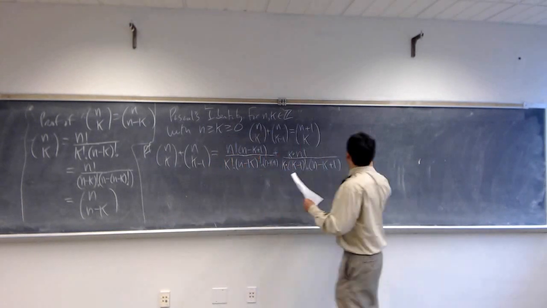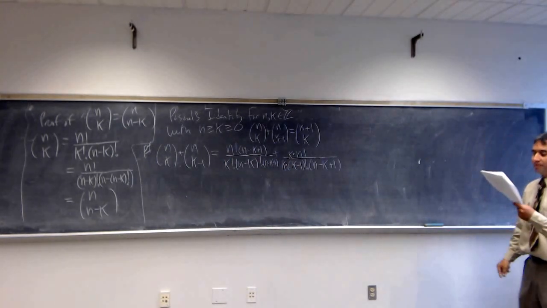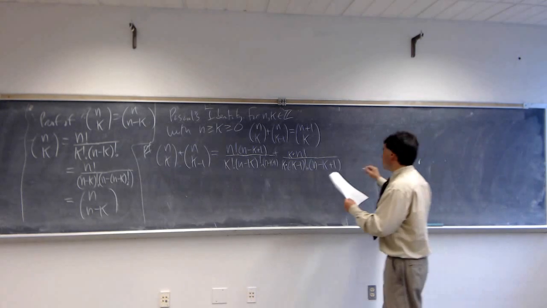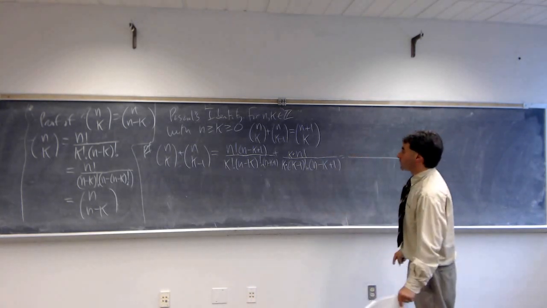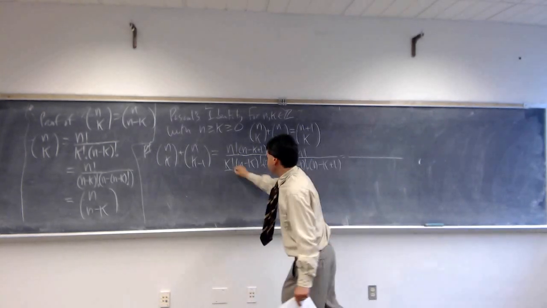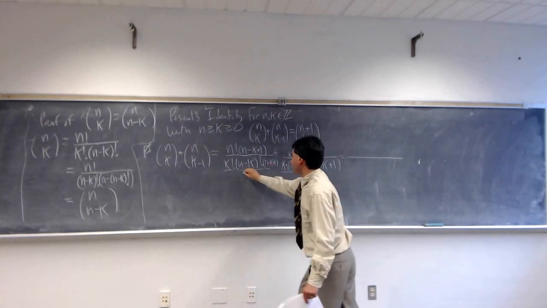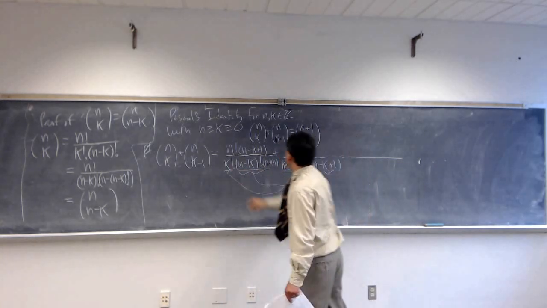Again, the notes provide this in some more detail, a little bit more step by step. So now we're going to have a common denominator. What's our common denominator? These two are the same, and those two are the same.